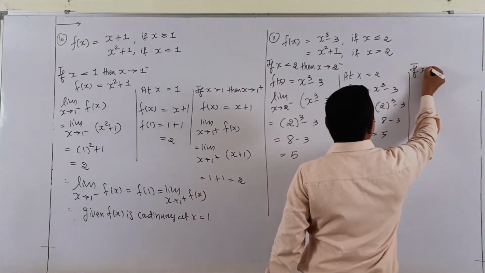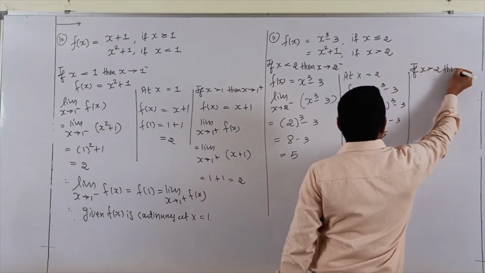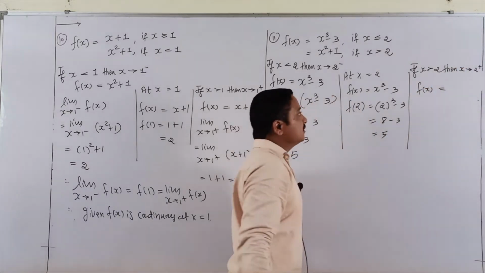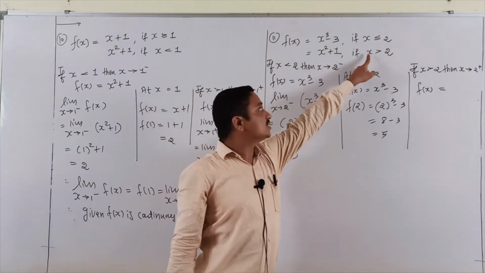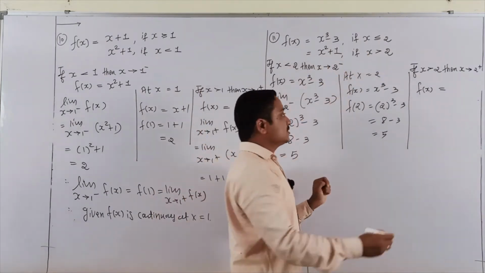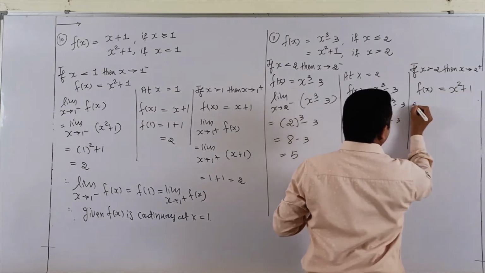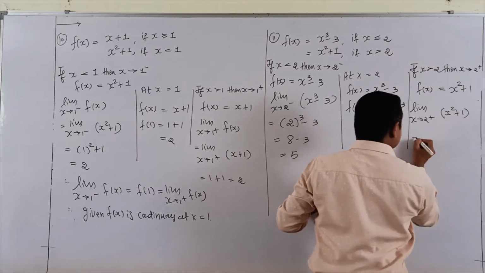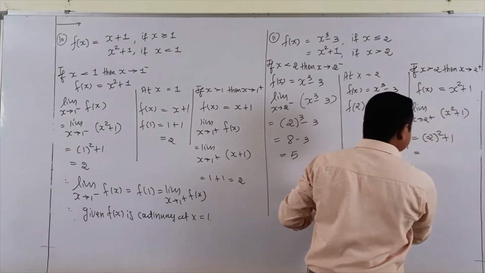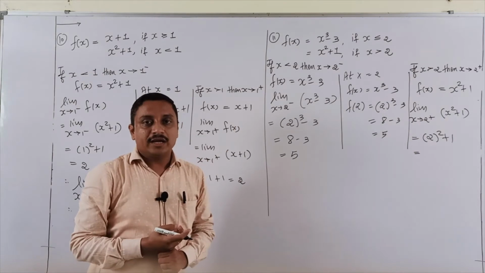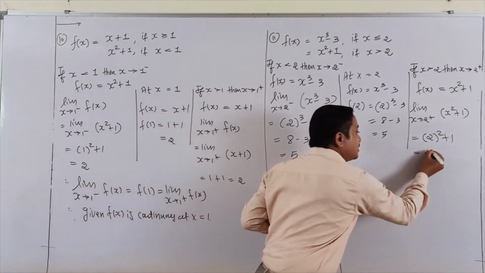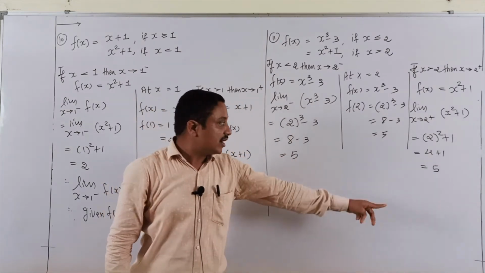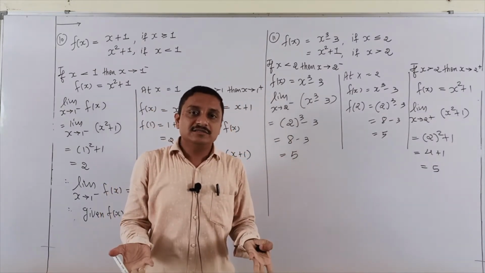So if x is more than 2, then x tends to 2 positive. And what is the function? Yes, for more than 2 the function is x square plus 1. So the limit as x tends to 2 positive, just put x is equal to 2 and derive the answer. It is surely 4 plus 1, which means 5, all done.